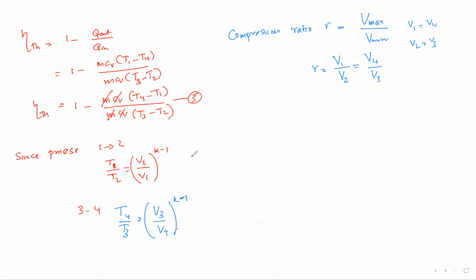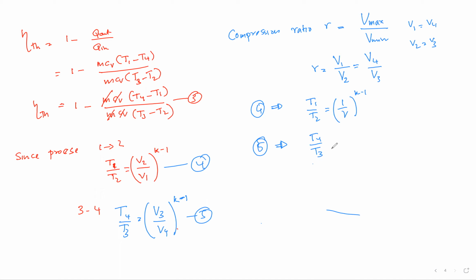So from that, for equations 4 and 5, I can change 4 to T1 over T2 equals 1 over R to the power K minus 1. And I can also write from 5, T4 over T3 equals 1 over R to the power K minus 1.